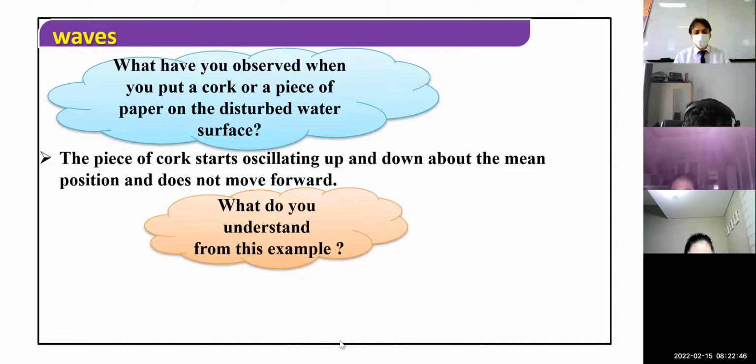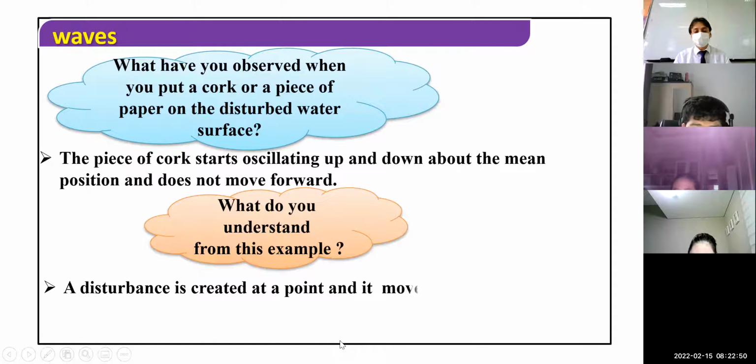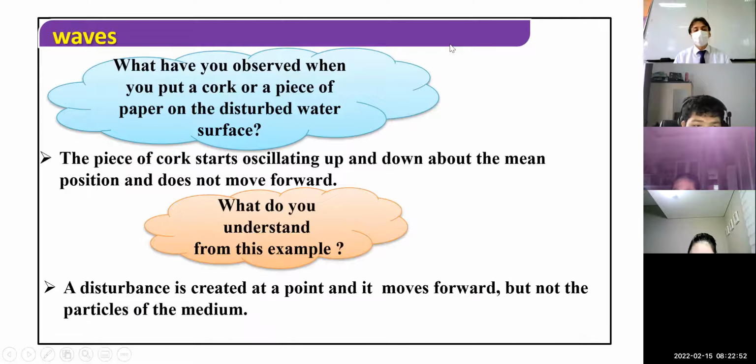Now, what do you understand from this example? A disturbance is created at a point and it moves forward, but not the particles of the medium. Matter remains there. If the water were moving, it would mean that the entire water shifts from one position to another position. But that does not happen. The water remains in the pond itself.